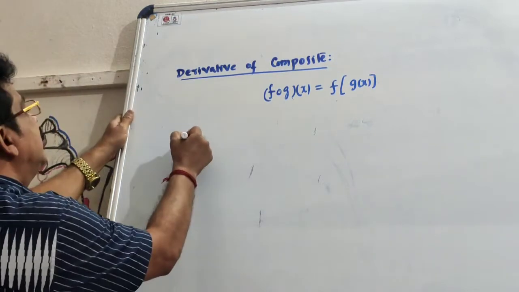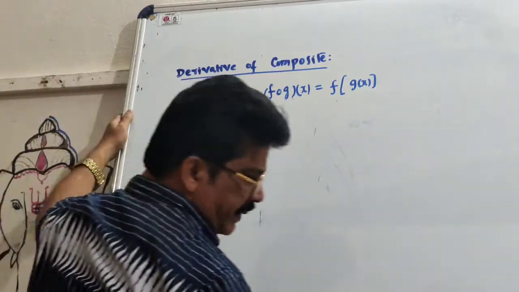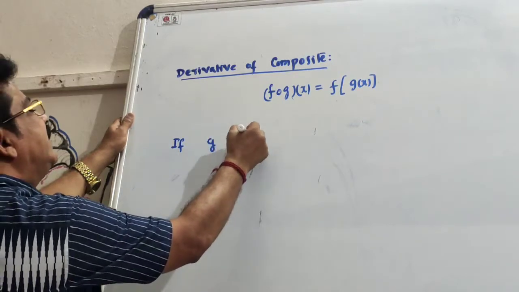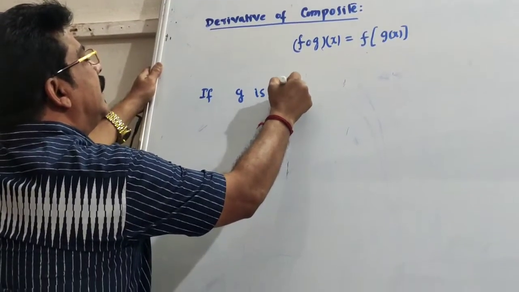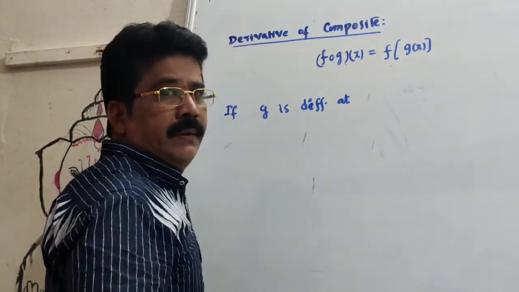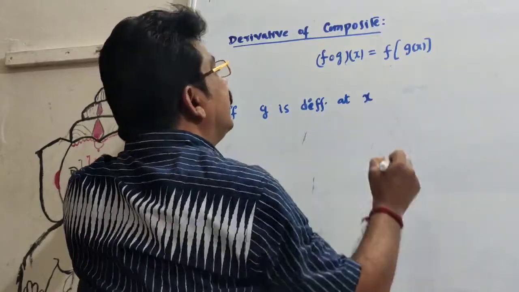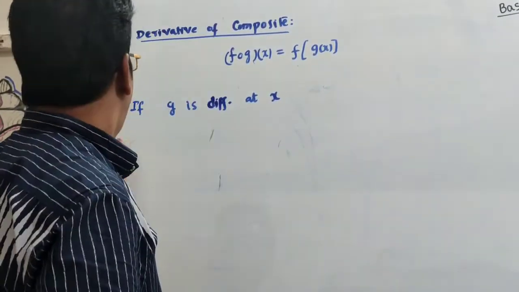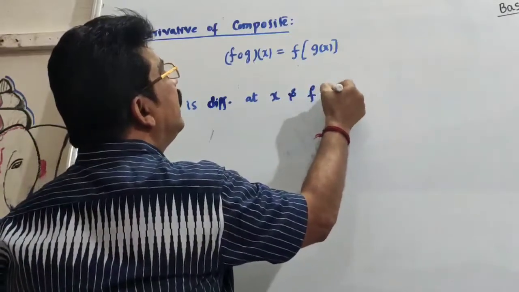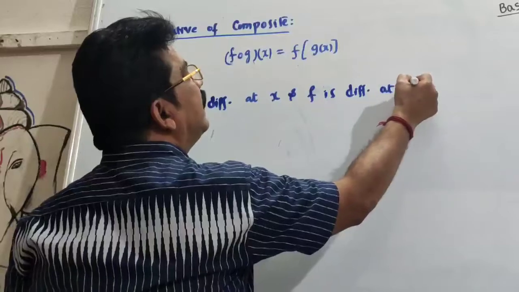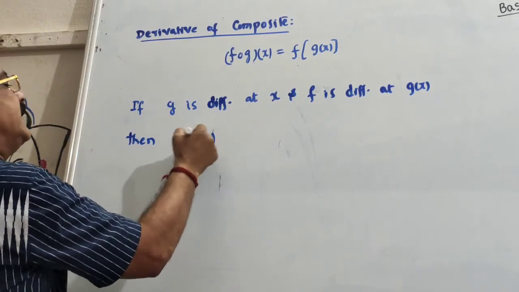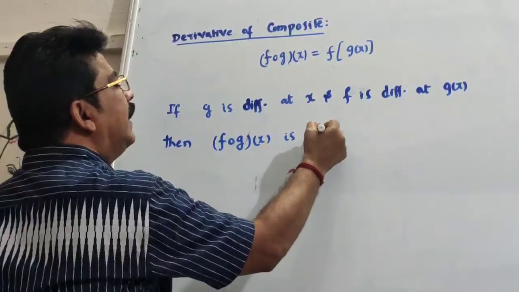So, according to the definition, if g is differentiable at x and f is differentiable at g of x, then only f circle g of x is differentiable.